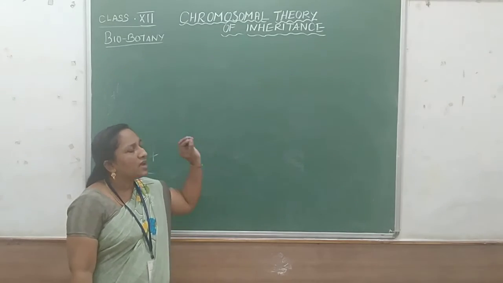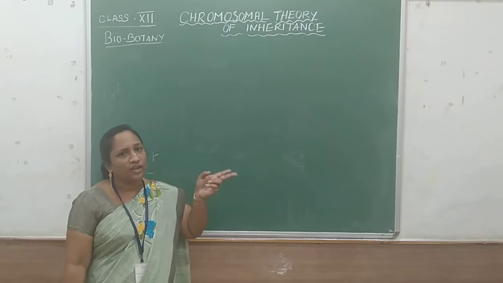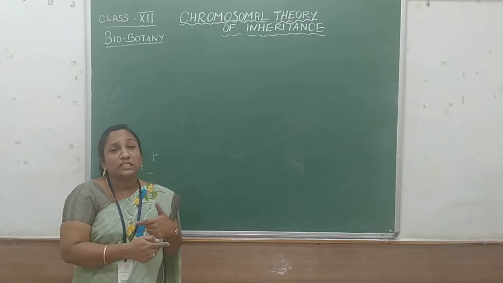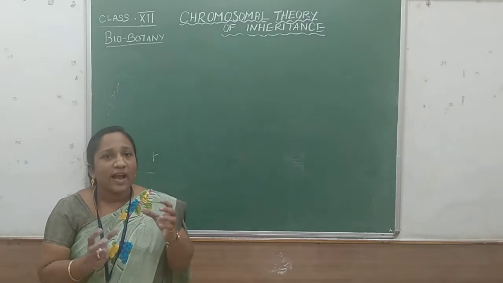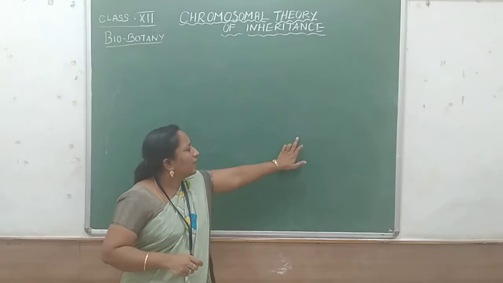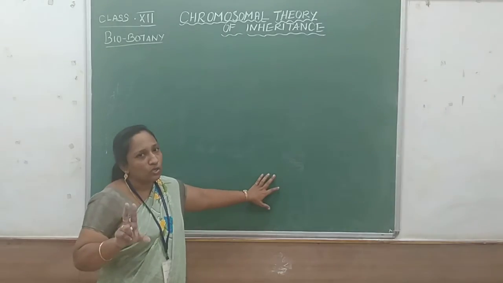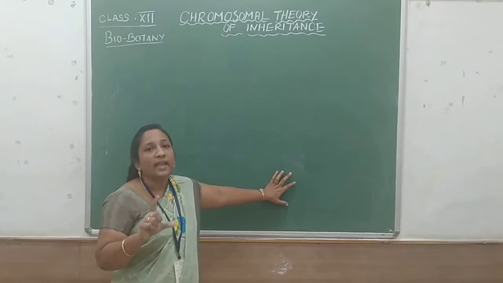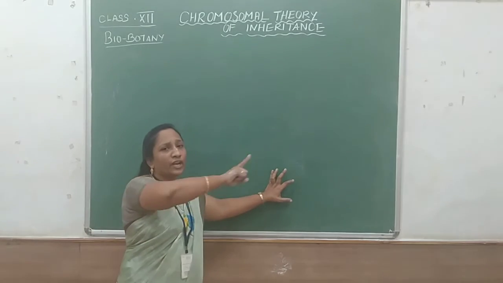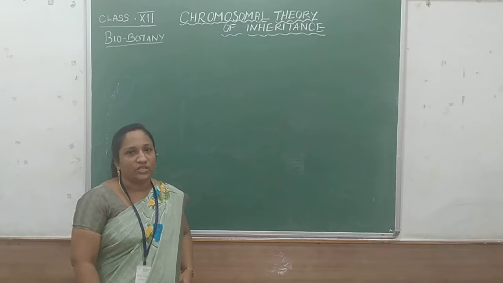All the genetic characters of father and mother are combined in the DNA, coiled tightly by the protein histone, condensed and kept inside the structure called a chromosome. So the chromosome is called the hereditary material, which carries the genetic material from one generation to the next, isn't it?